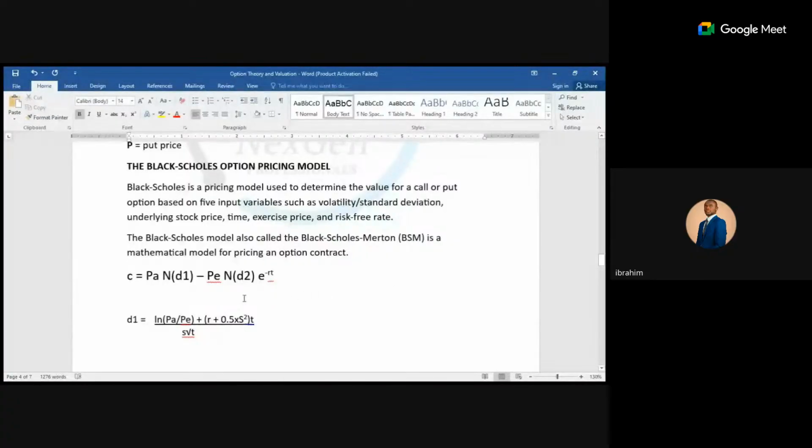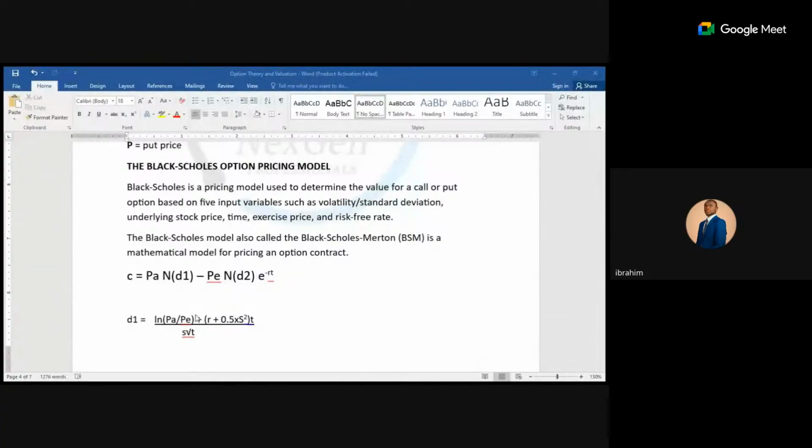the call option you calculate here using the Black-Scholes model is the call option premium, class. The call option you calculate here is the call option premium that you will pay, whether you exercise your right or not, since you've entered into an option contract.